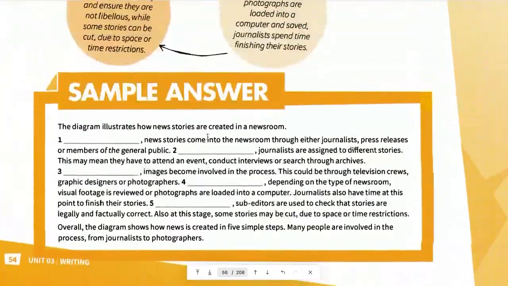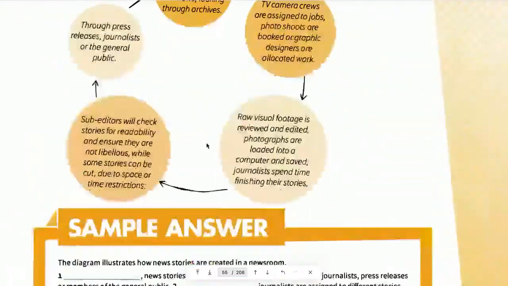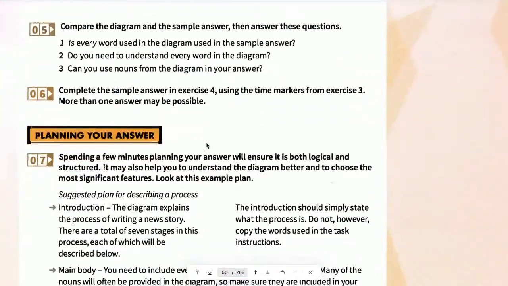Now let's move on to exercise 5 and we'll see what we need to do with this. Compare the diagram and the sample answer. Then answer these questions. Number 1, is every word used in the diagram used in the sample answer? Number 2, do you need to understand every word in the diagram?